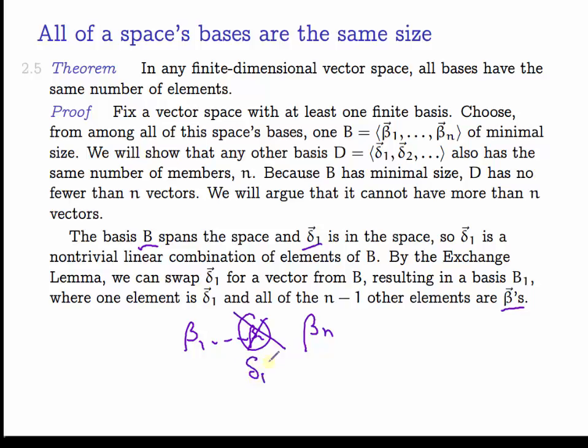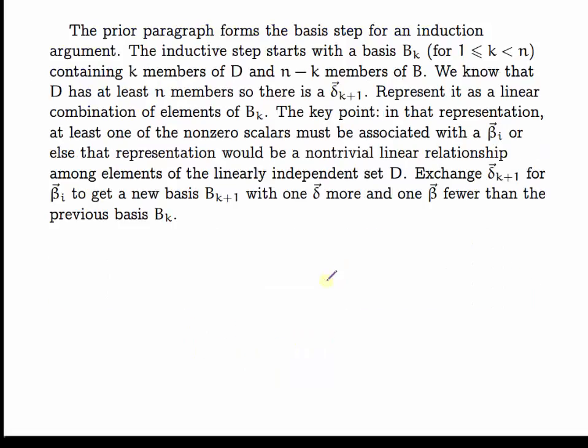Now you can see what's going to happen here. We're going to replace these vectors one by one, and eventually we'll show that we still have a basis with the deltas. The prior paragraph forms the basis step for an induction. The induction step starts with a basis B_k, containing k members of D and n minus k members of B. We know that D has at least n members, so there is a delta_{k+1}, because here k is less than n.